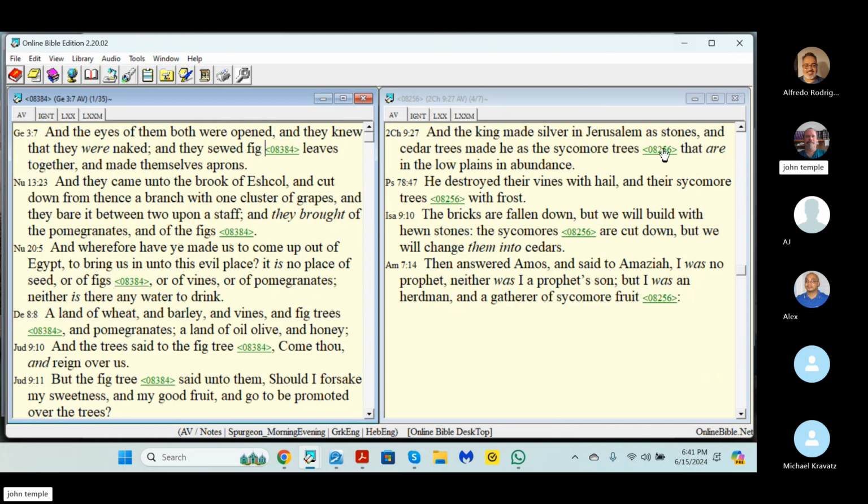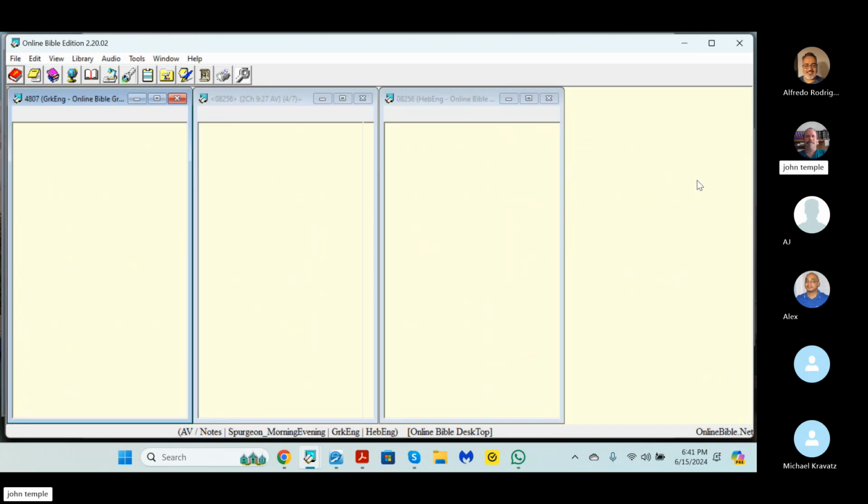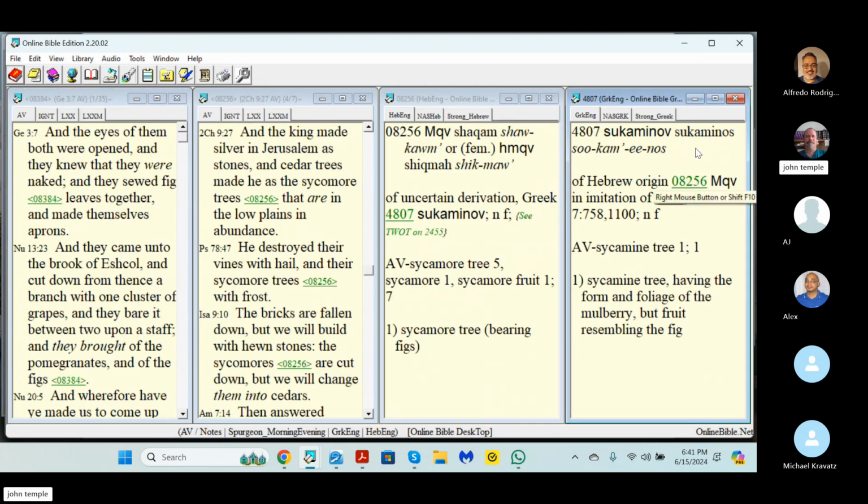And then this other thing here, this is the sycamore tree. So this would be Shakam, sycamore tree, and we're not going to get into this too much. It's the Greek 4807 we looked at already, is Sucaminos.